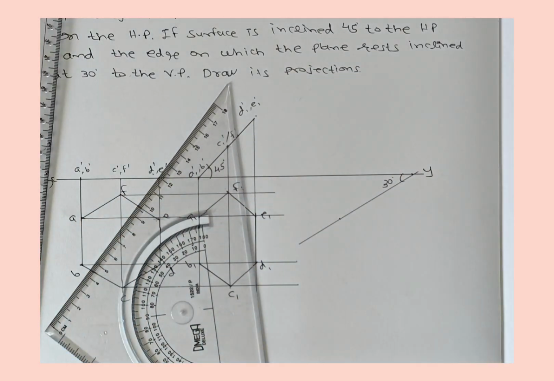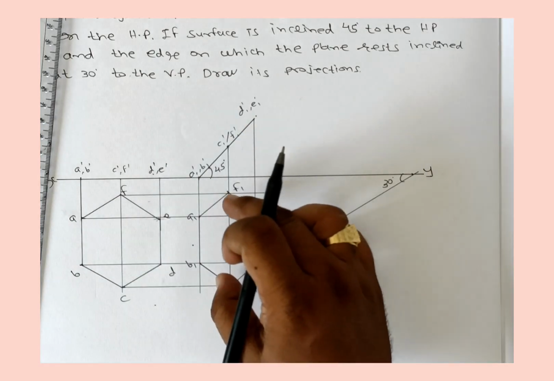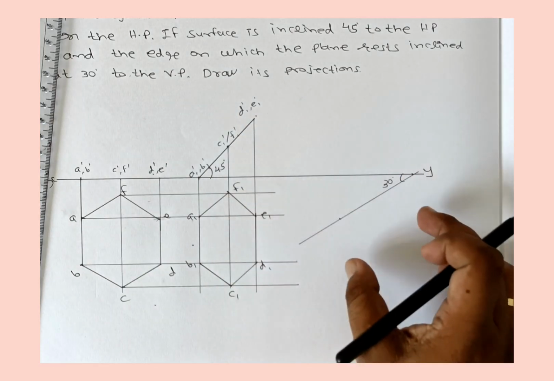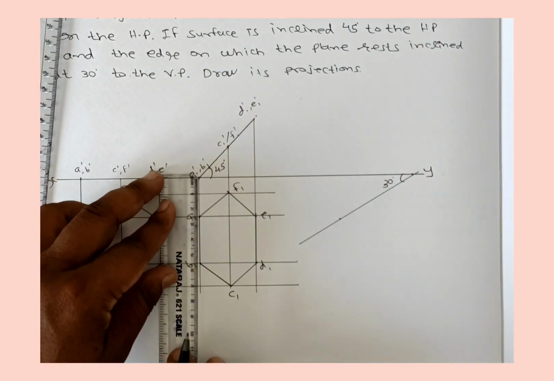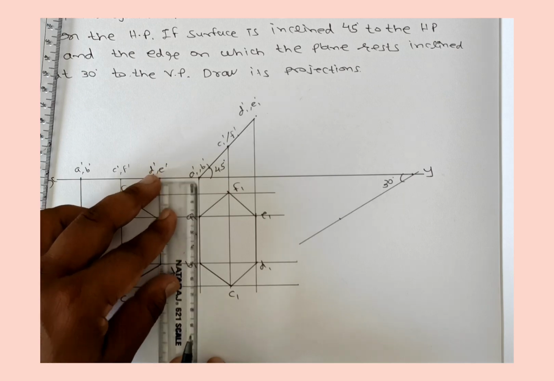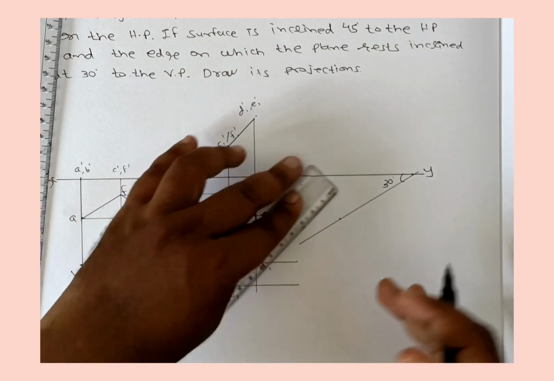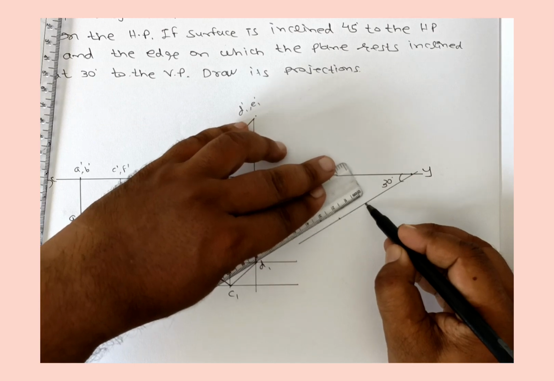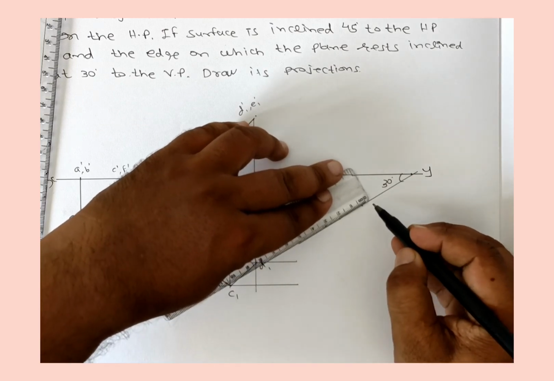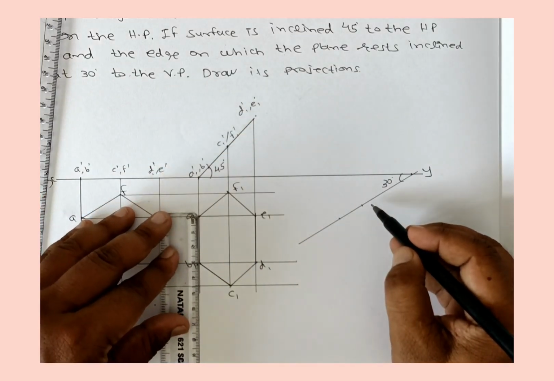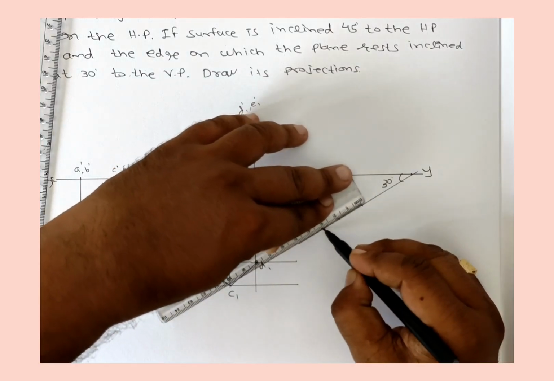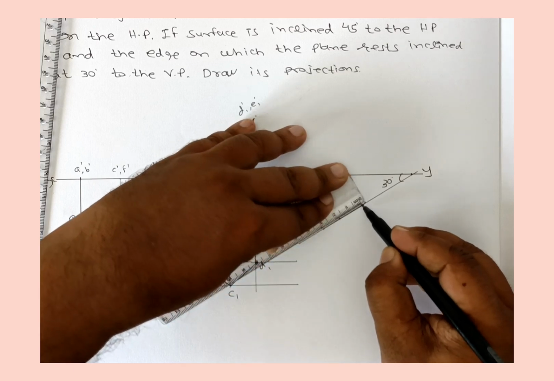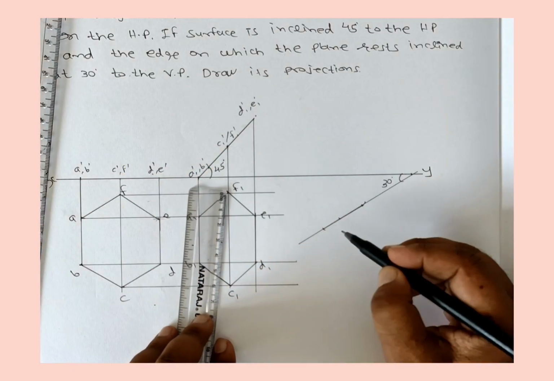Now students, this hexagon plane you have to draw here. For that purpose, approximately you can start from here, and here we can see the edge is 30 mm. So this is 30 mm.